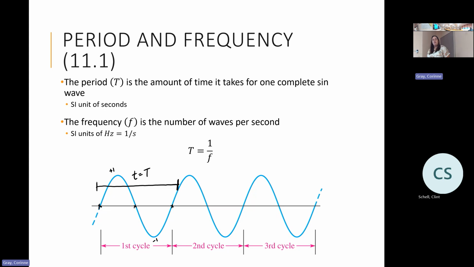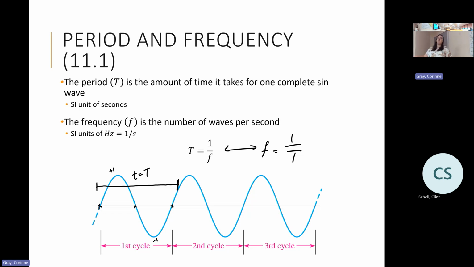And we can relate the two of them using this equation here. Period is equal to 1 over frequency, or frequency is related to 1 over period. It doesn't matter what that is. The good news is that if you look up anything associated with frequency and period, this is it, no matter what type of motion that you have.